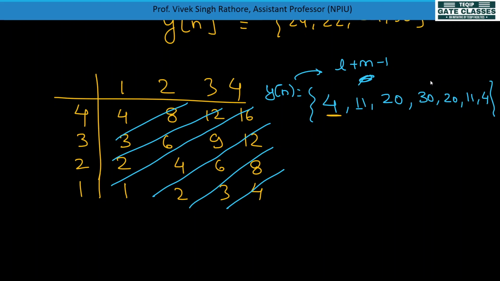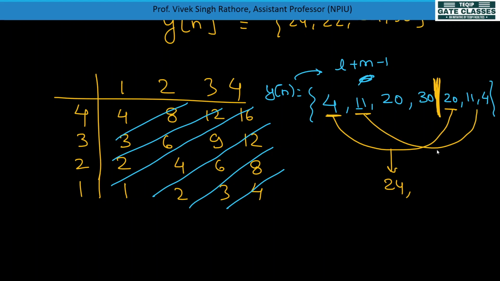So what we can do is make an imaginary line here. This 4 value and this value will be added, then what you will get? 24. Okay, this value will be added with this value, what you will get? 22. If this value is added with this value, you will get 24, and this value will be 30 only.